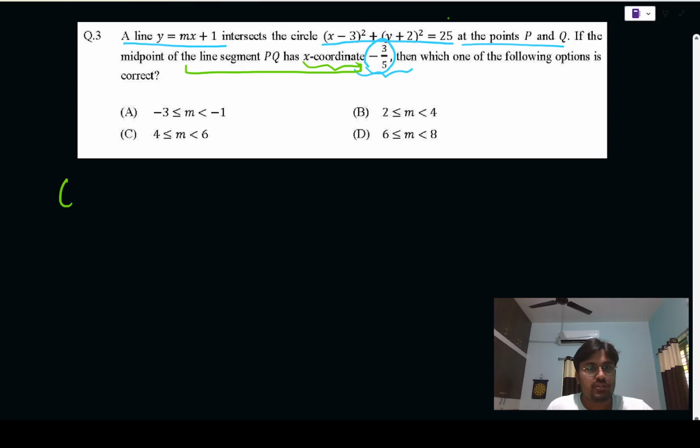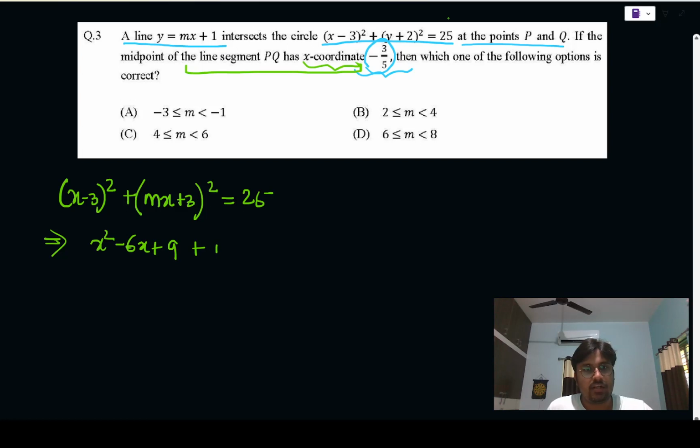So I just do the straightforward thing, which is (x minus 3) square plus y, I will substitute y as mx plus 1. So (mx plus 1 plus 2), so (mx plus 3) whole square is 25. Let's expand this. This is x square minus 6x plus 9. Expand the second one, m square x square plus 6mx plus 9.